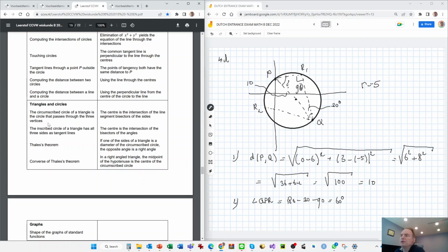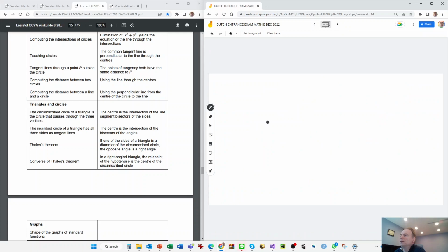Then they also talk about the inscribed circle of a triangle, which has all three sides as tangent lines. So you can just show that, let's say I have a triangle and I can define an inscribed circle, and let's draw the bisectors.